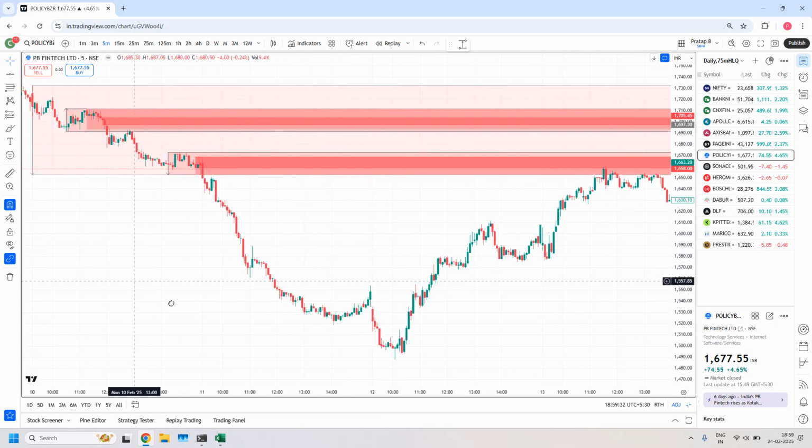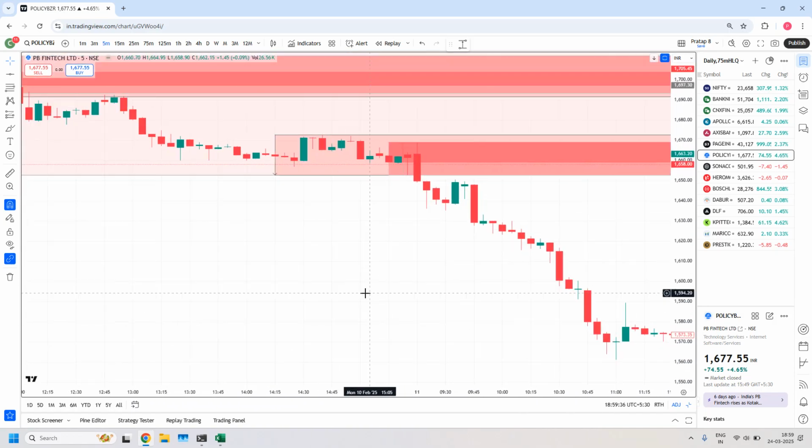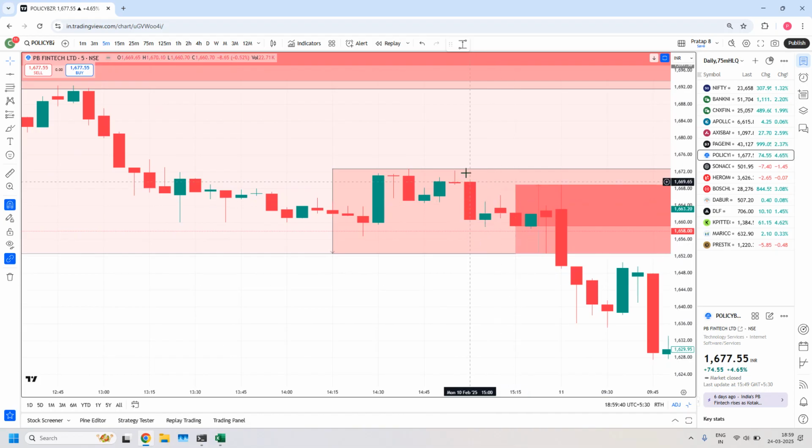Look into the first fine-tuned 5 minute zone. So this is the one drop, 1, 2, 3, 4, 5 base candles and a drop candle.